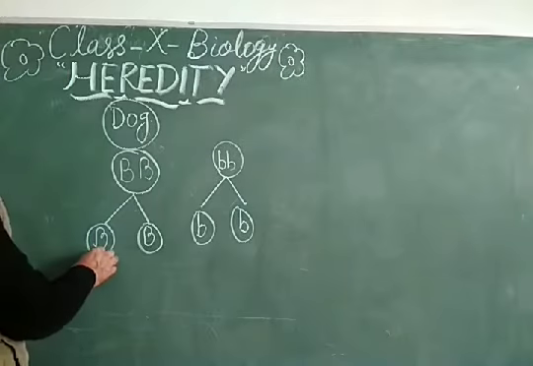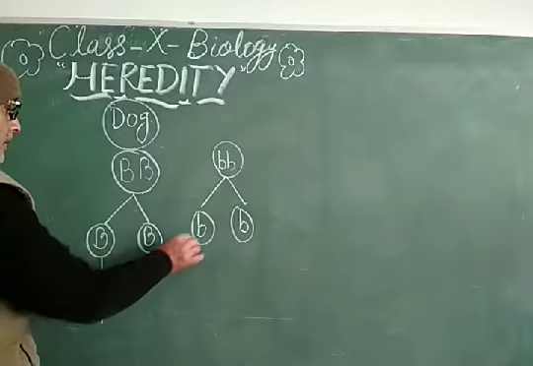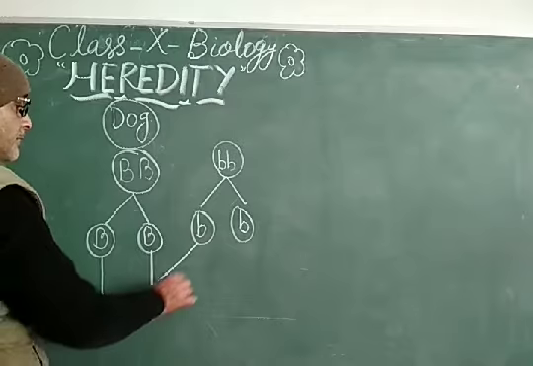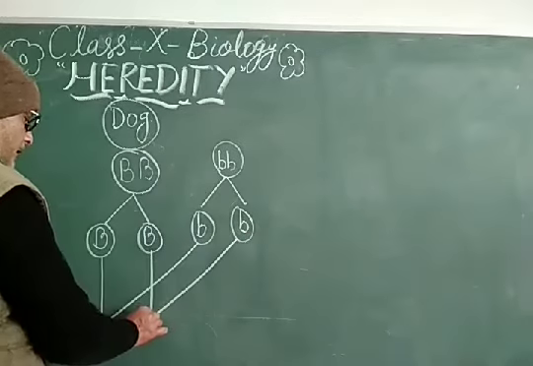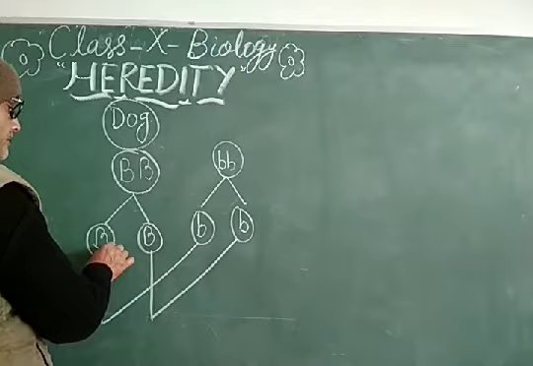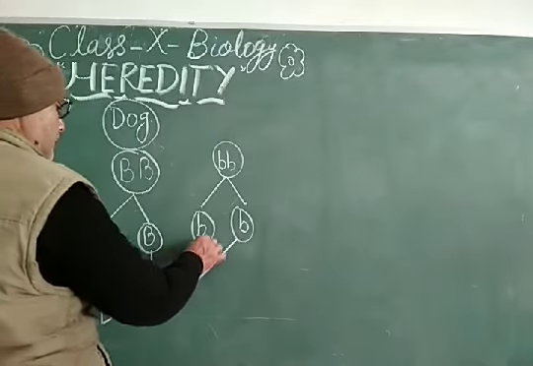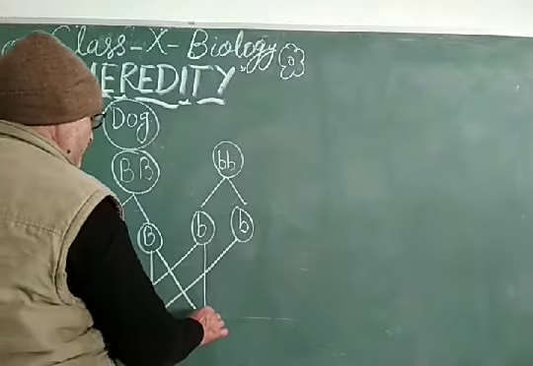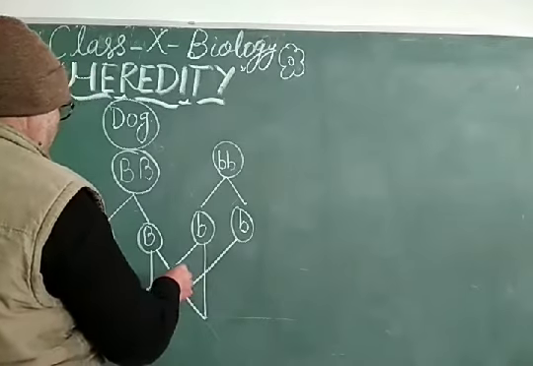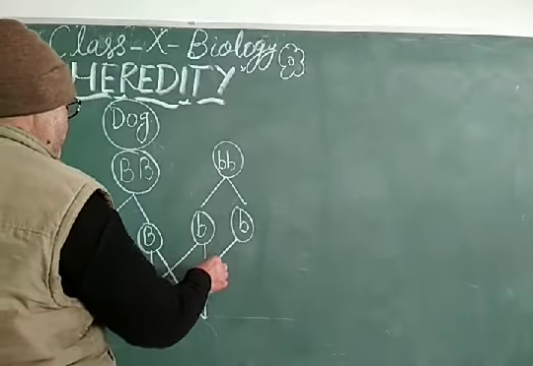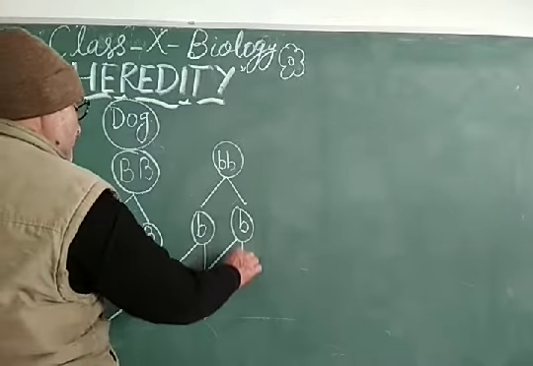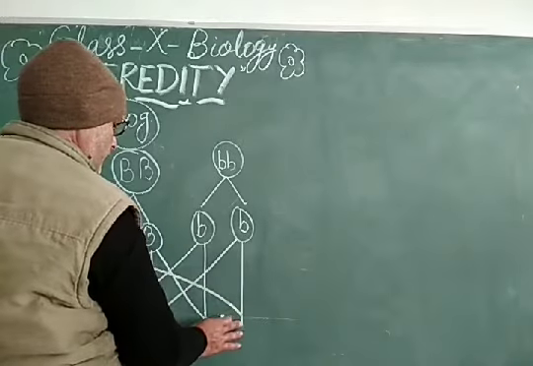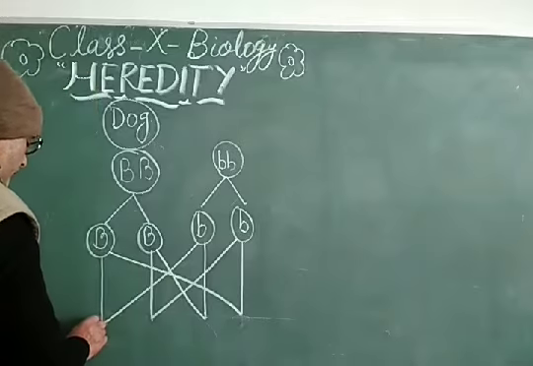See, this B crosses with this B, and this B crosses with this b, that is the third condition, as well as this small b that gets crossed with this capital B. So what happened?